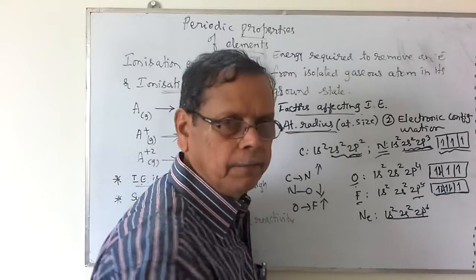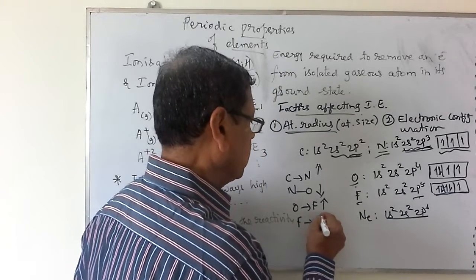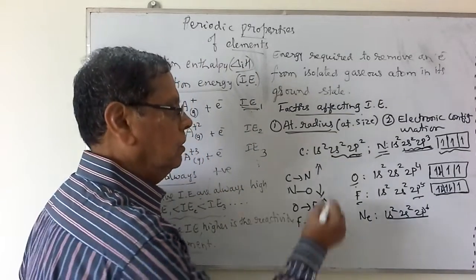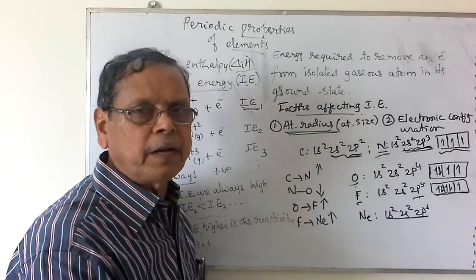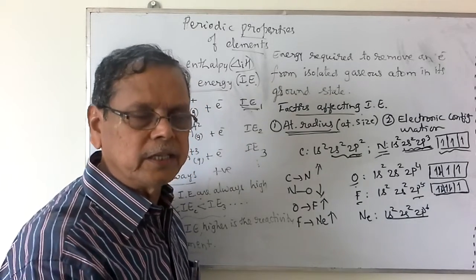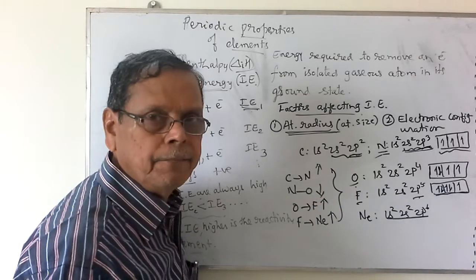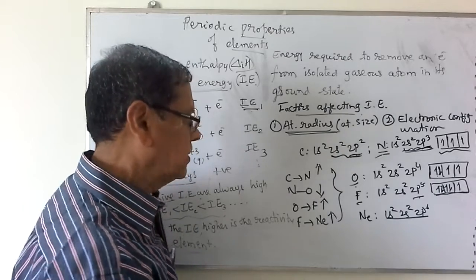It is highly stable. That's why from fluorine to neon there is an increase. Though the radius gradually decreases and we expect a regular increase in ionization energy, it is not regular. There is an irregular variation. At two certain points, there is a decrease.